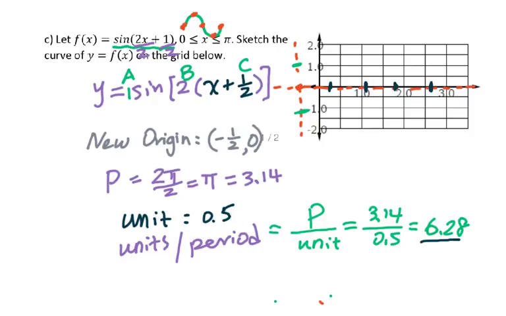Now on the graphing paper, we need to find those 5 key points. That will be 1, here's 2, 3, 4, 5. Then we need to connect these 5 key points. That will be like this one.